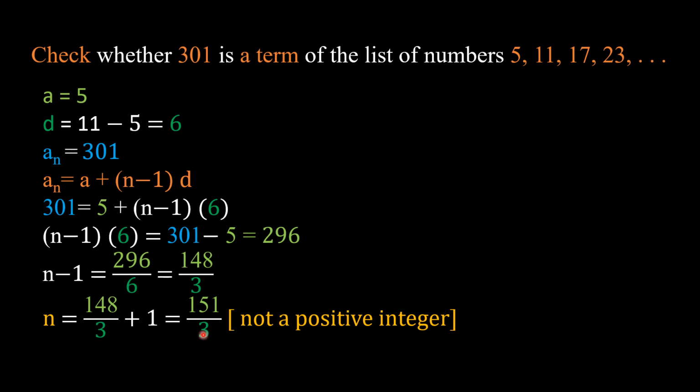Now, 151 divided by 3 is not a positive integer, therefore we can infer that 301 cannot be a term of this AP, because we know that for an AP the value of n is always a positive integer, but here we do not get n as a positive integer.